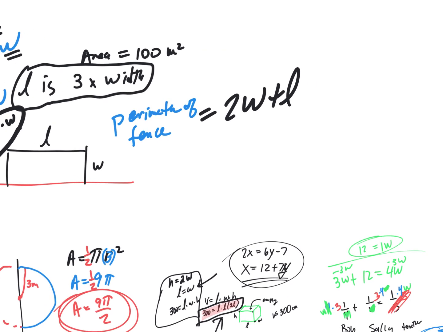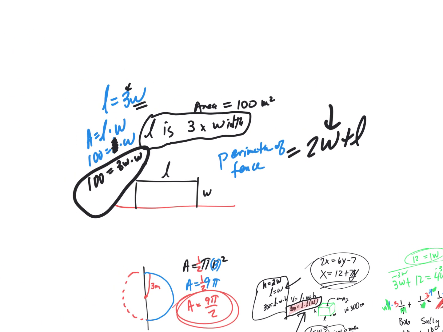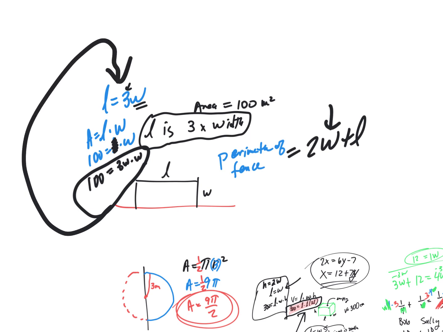I know that answer, but now I've got to figure out the length. Once I knew what W was, wouldn't I be able to find the length from just using that? If I know W, I stick it in here and I can find the length, and that'll be easy.